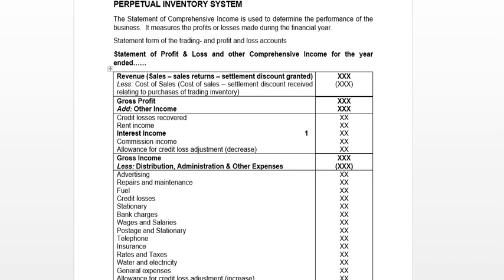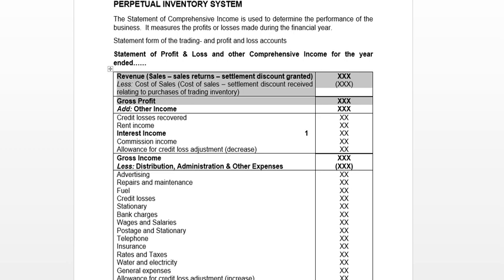Importantly, this settlement discount received should only relate to purchases of trading inventory. Okay, so not when you receive a settlement discount for the stationery that you bought. It's only relating to settlement discount received in terms of inventory. Okay, so our revenue less cost of sales gives you your gross profit.